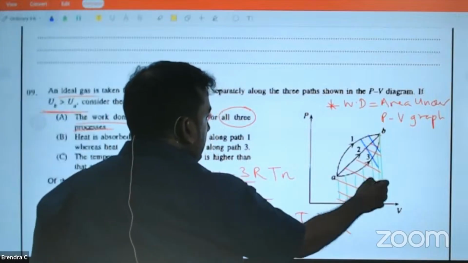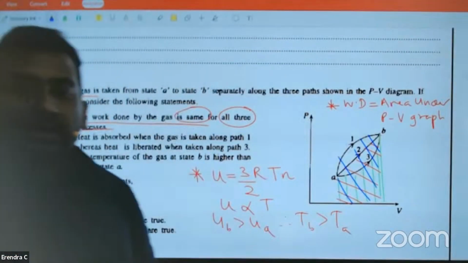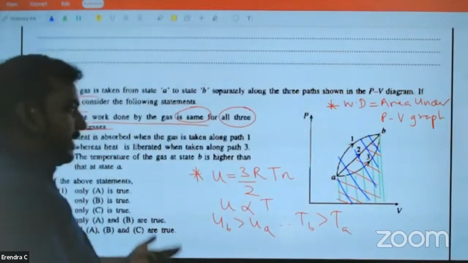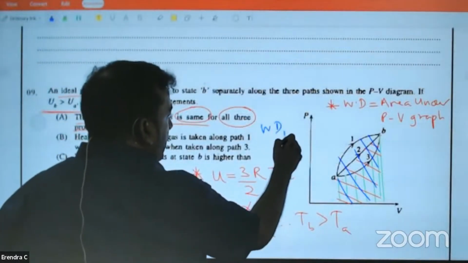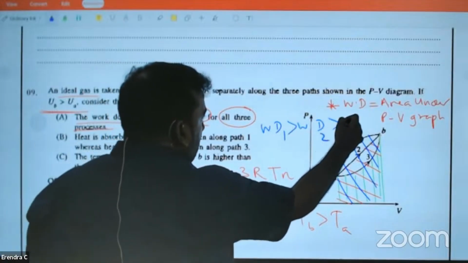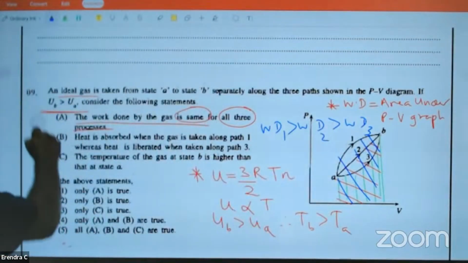Tell me, are the areas the same? No. Areas are different. Actually, work done in 1 is greater than work done in 2, which is greater than work done in 3. Work done are different. Statement A is wrong.